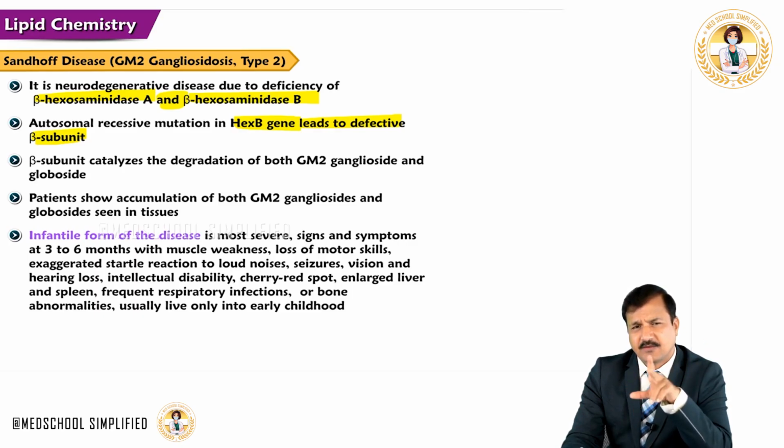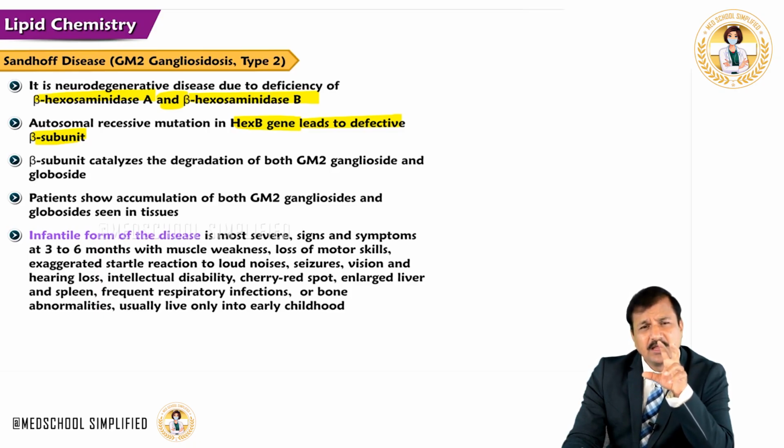Whereas in this disorder, the HEXB gene is mutated, accordingly the beta subunit is defective. But note that it is not just hexosaminidase B that is defective. There is also decreased activity of hexosaminidase A enzyme seen here.